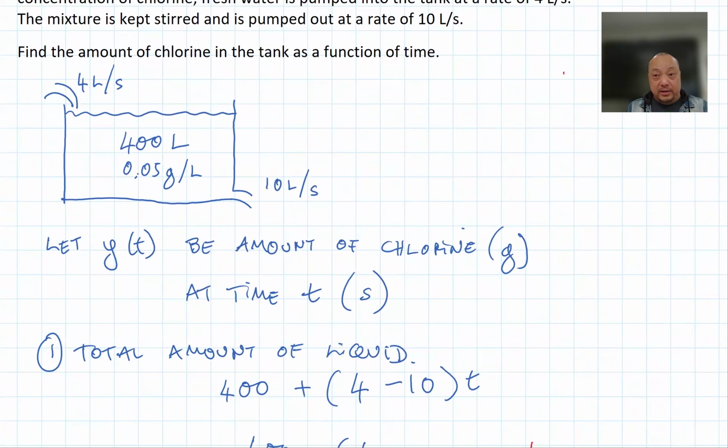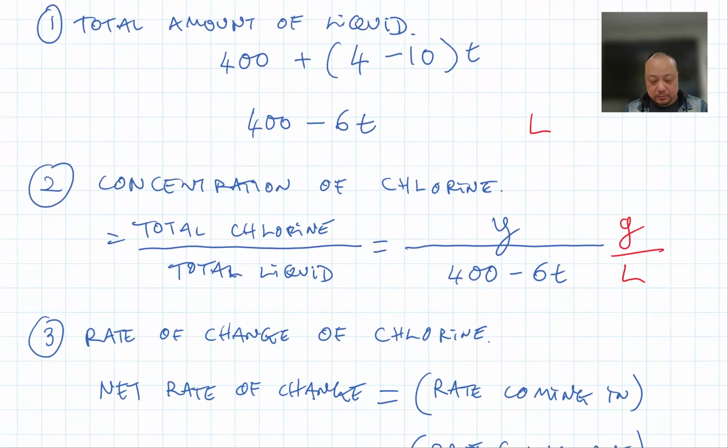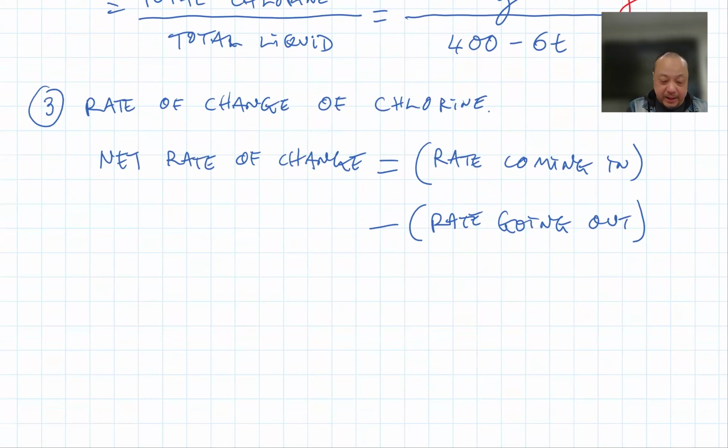In this case, the rate coming in is 4 liters per second, and the rate going out is 10 liters per second. But if you think about just the chlorine, then there's 0 chlorine here because it's pure water. This one has chlorine. And therefore, the rate coming in is 0.